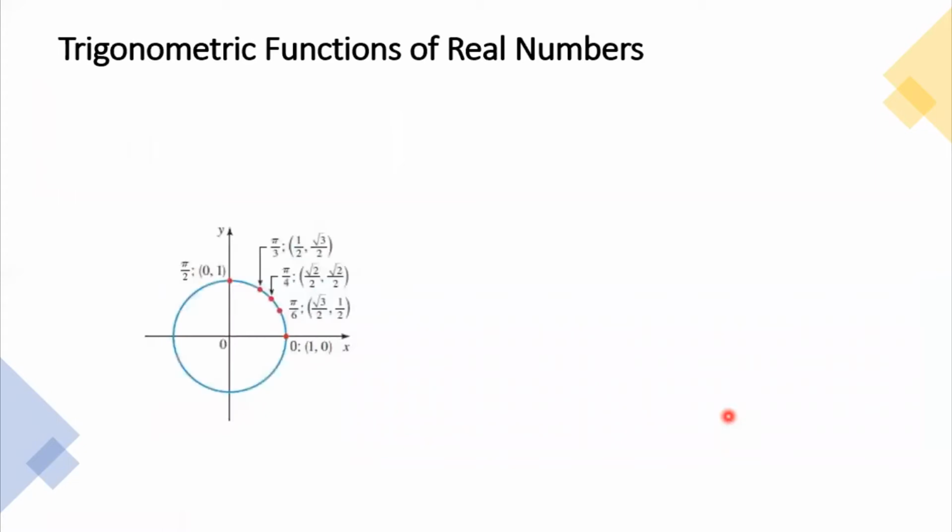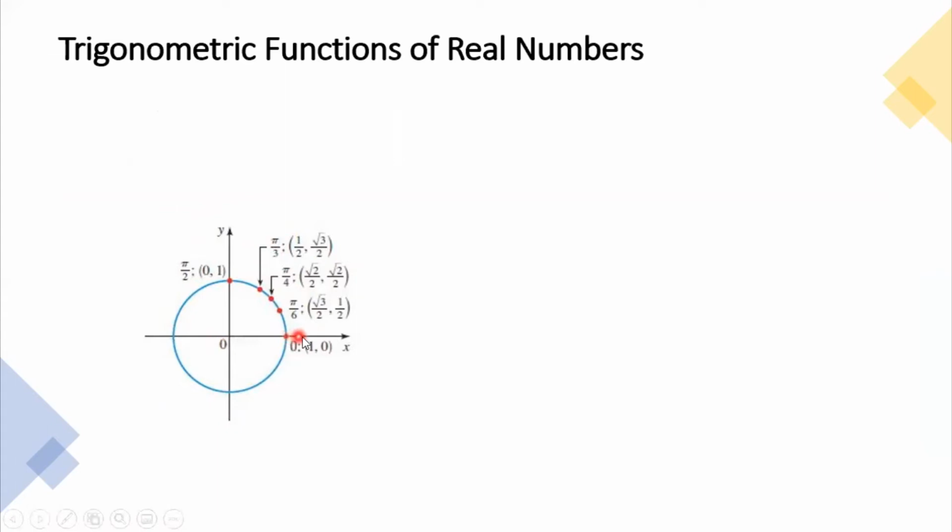Okay, to explain more on the topic, I have here a series of points in the first quadrant. This is a unit circle. We start here at the 0 angle.